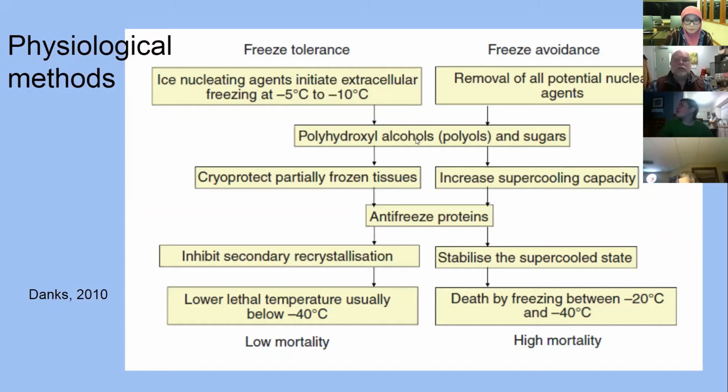They also can produce these alcohols. They have long fancy names, but glycerol is one type, and there are several others. And then they also produce some types of sugars that help to depress the freezing point so that the fluid can supercool without forming ice.